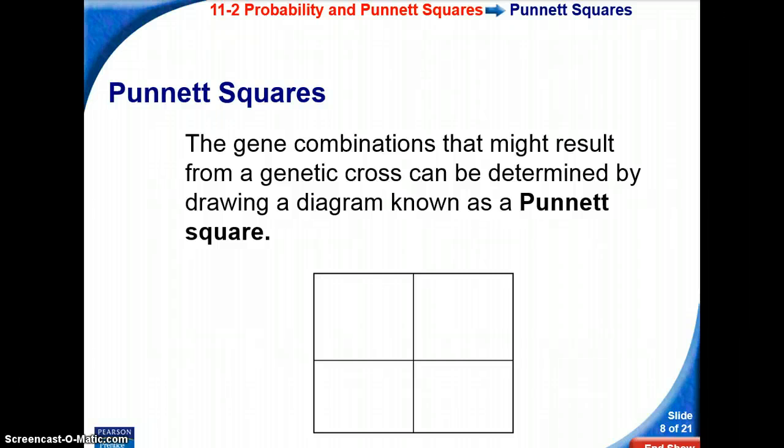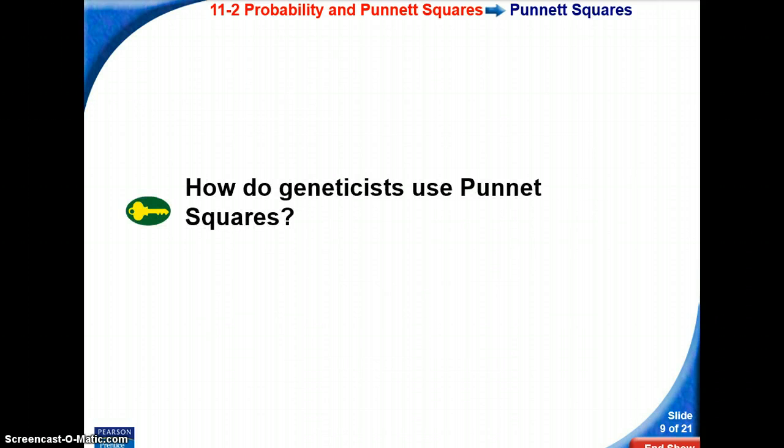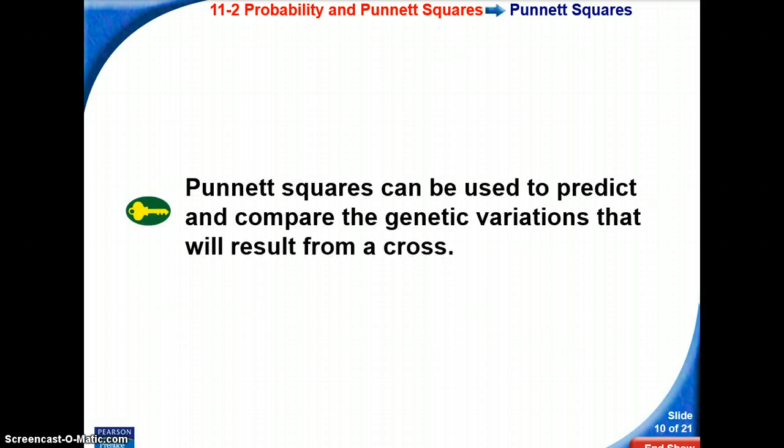Gene combinations that might result from a genetic cross can be determined by drawing a diagram known as a Punnett square. And this is what this diagram looks like. It's 4 little squares. How do geneticists use these squares? Punnett squares can be used to predict and compare the genetic variations that will result from a cross. They're going to take the squares and start to fill different pieces in.